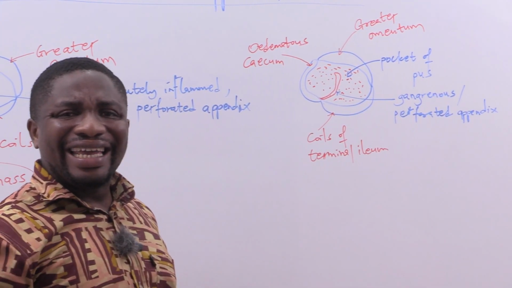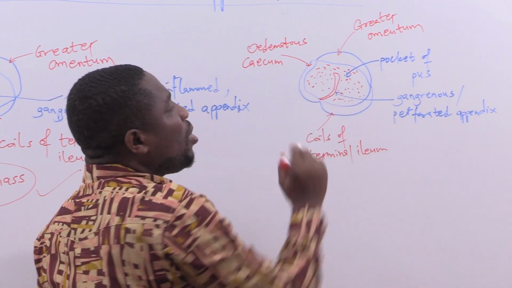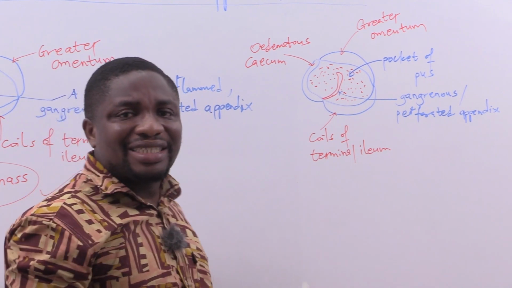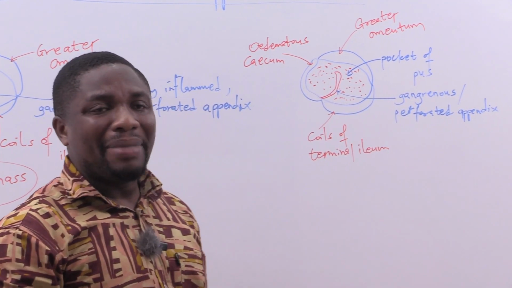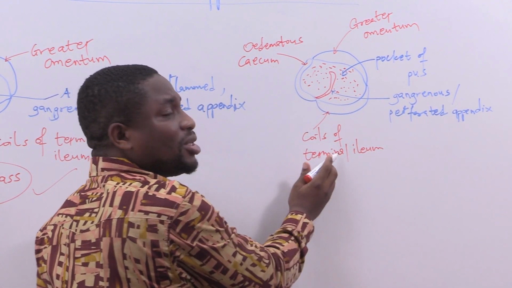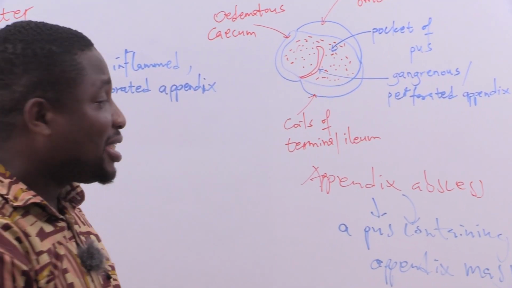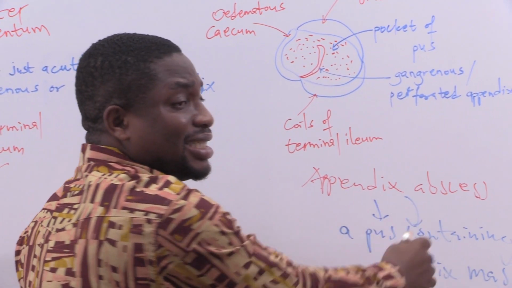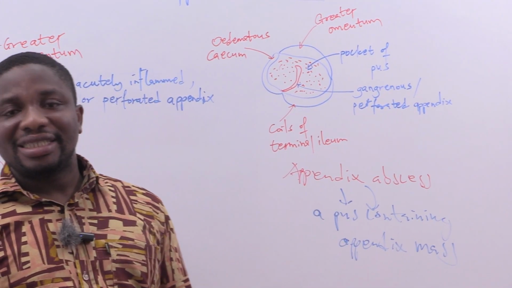So when we say appendix abscess, we are referring to a gangrenous or perforated appendix lying in a pocket of pus, walled off from the surrounding abdominal cavity by the edematous cecum, the coils of terminal ileum, and the greater omentum. That is why we say an appendix abscess is simply a pus containing appendix mass.